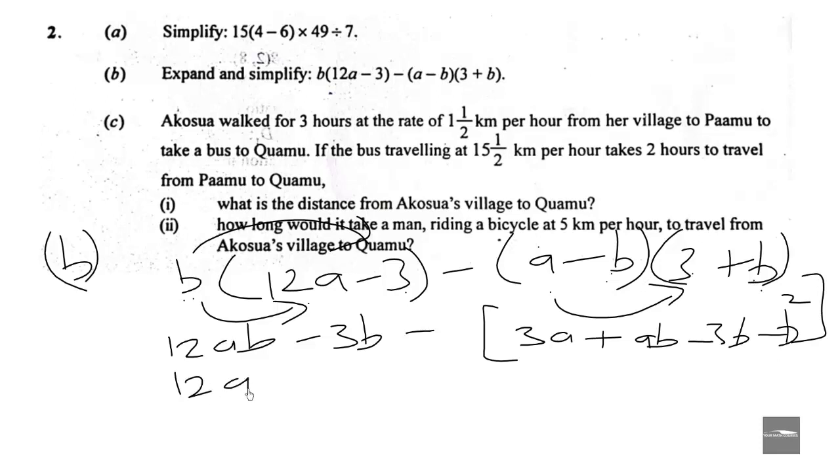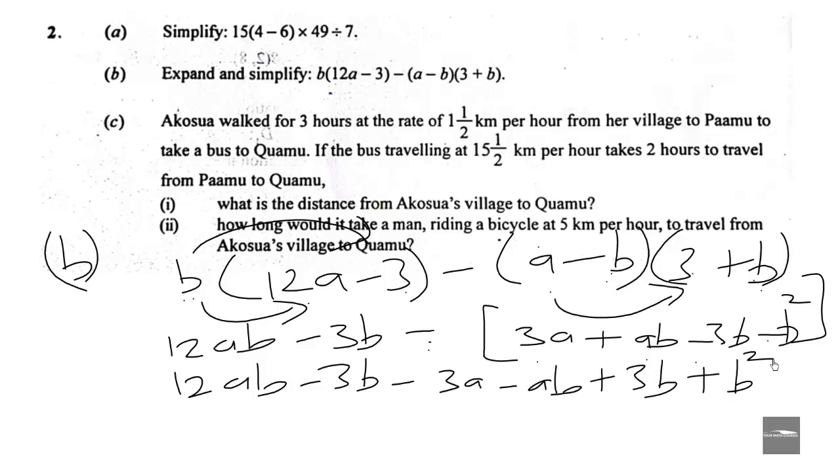So we have 12ab minus 3b minus, we have 3a minus ab, negative negative positive, plus 3b, negative negative positive, plus b squared. So this will give us 12ab minus ab. Then we have minus 3b plus 3b will be 0. Let me just cancel it.